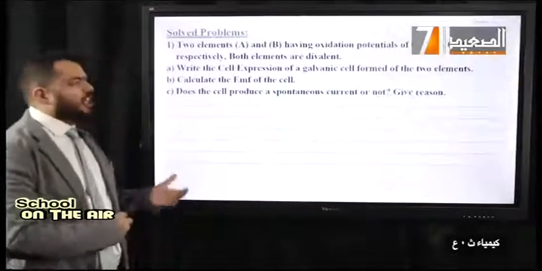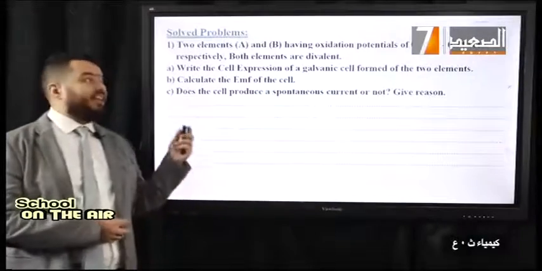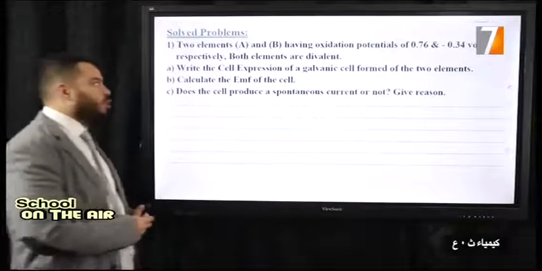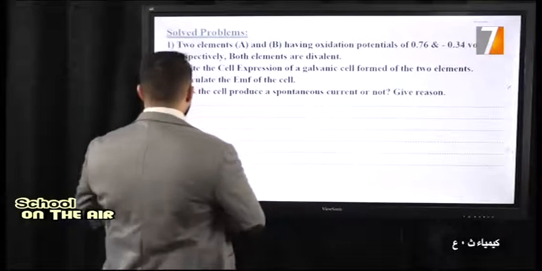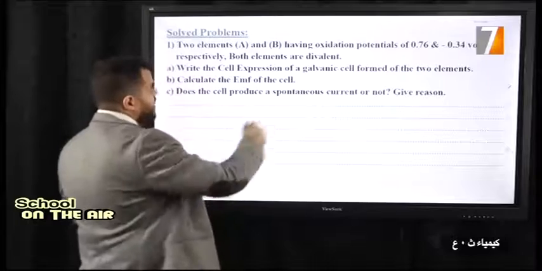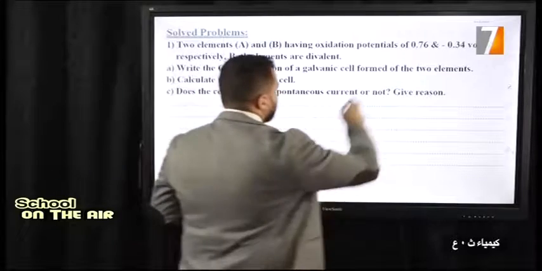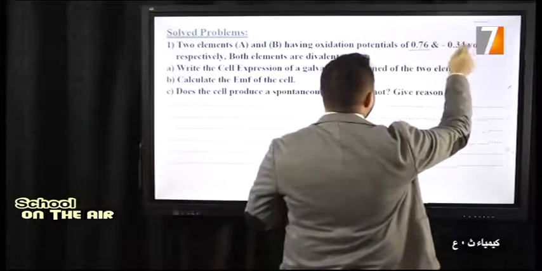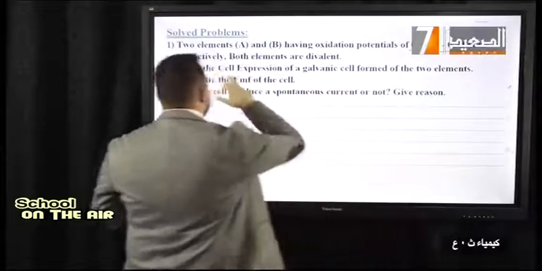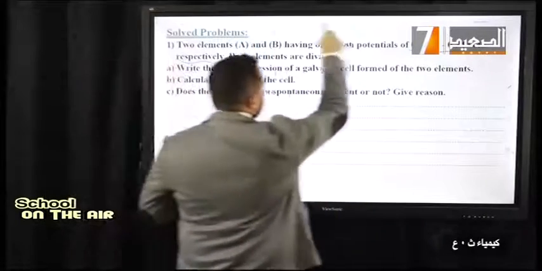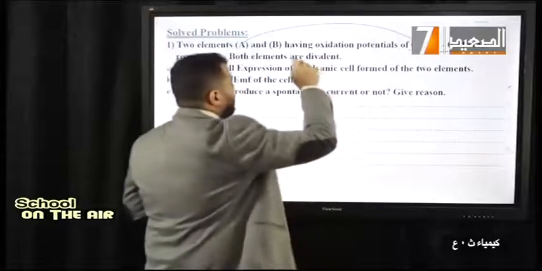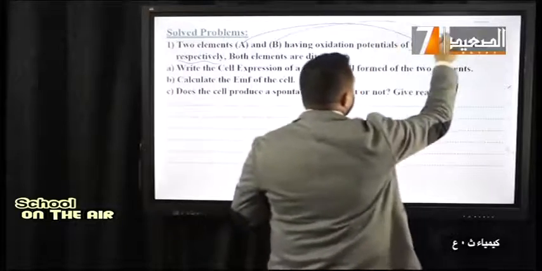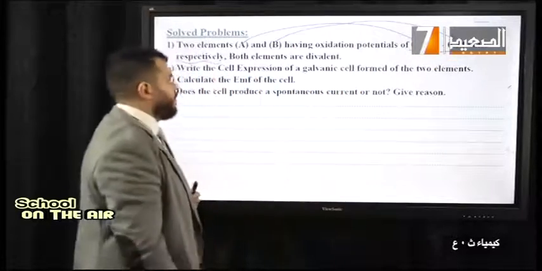How can we use the rules in calculating the following questions? Let's see. Two elements A and B having oxidation potential 0.76 and negative 0.34 respectively. So A will be 0.76 and B will be negative 0.34.